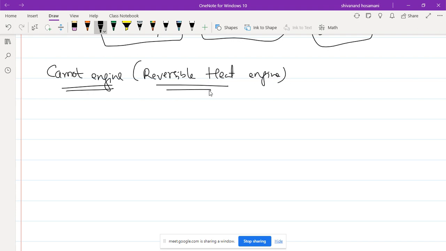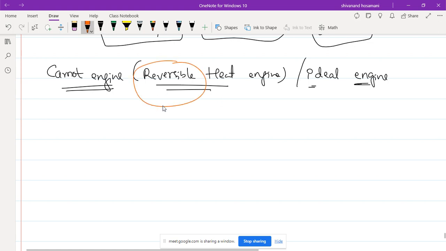Okay. So based on the reversible cycle, it is also called an ideal engine. It is based on the reversible process.